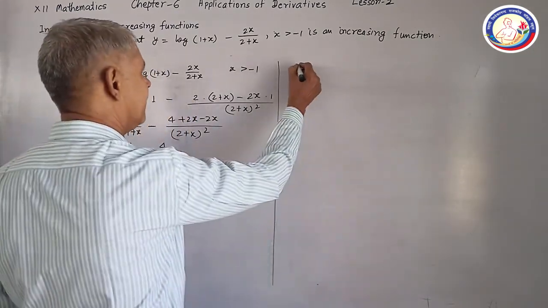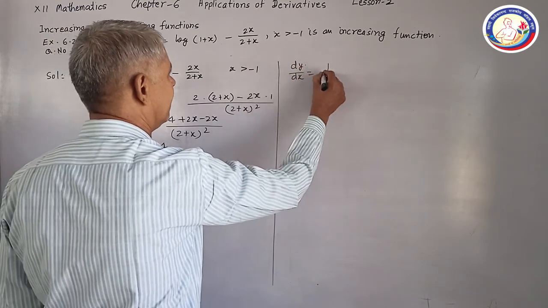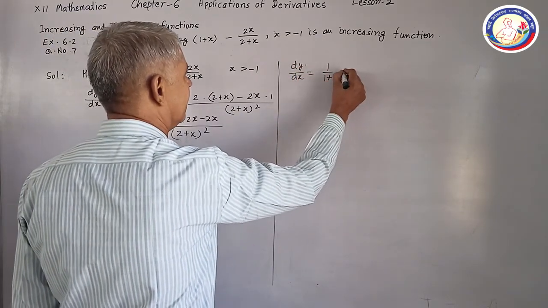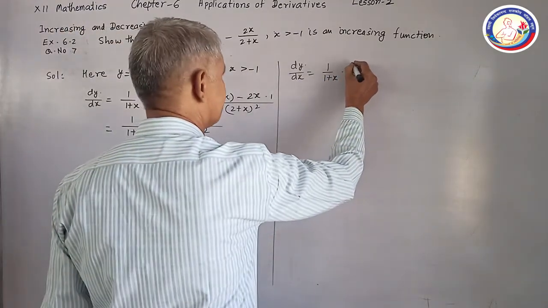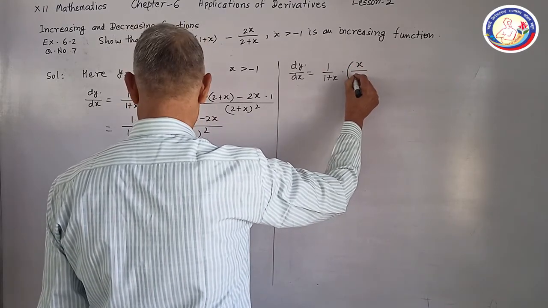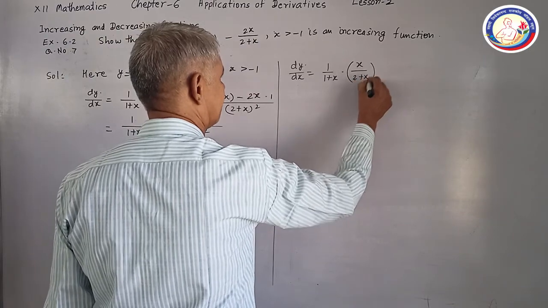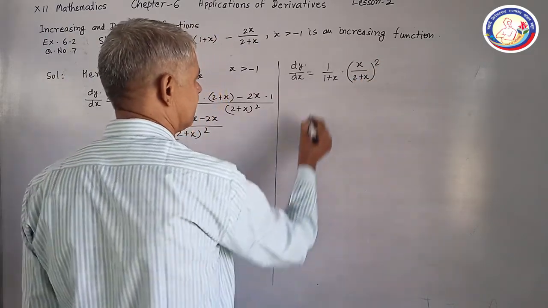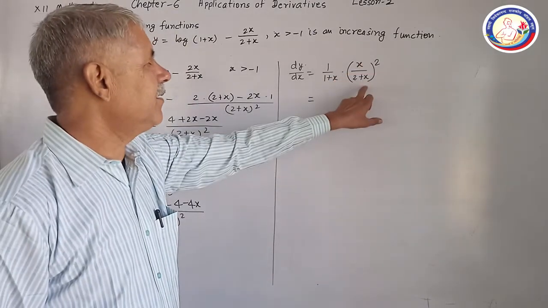Again the derivative will be, after solution, 1 upon 1 + x into, this is a square and this is a square, so I am writing it as x upon (2 + x) whole square. Now take this. This is a perfect square.